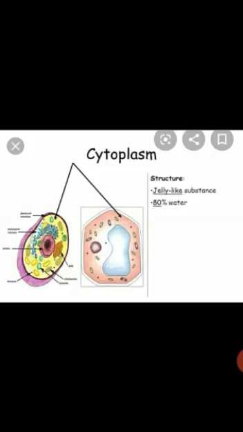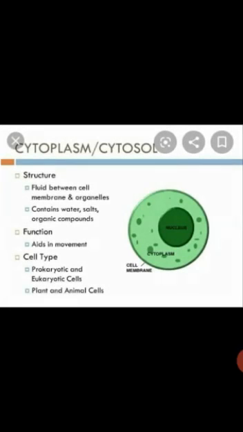Cytoplasmic matrix or cytosol is a jelly-like semi-fluid substance. Cell organelles are cellular structures that have distinct shapes. Examples of cell organelles, as I gave you earlier, are endoplasmic reticulum, mitochondria, ribosomes, and lysosomes.